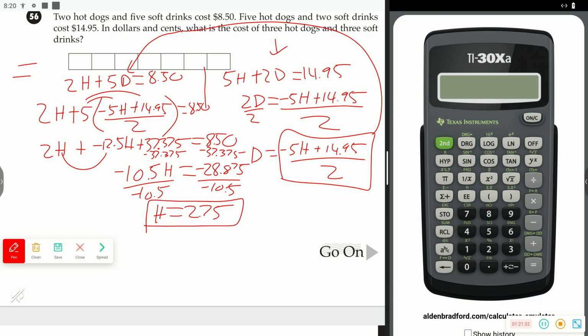Now that I have h, I can plug that value into either equation to get the price of the drinks. I'm going to plug it into this equation here. So I have 2 times 2.75 plus 5d equals 8.50.